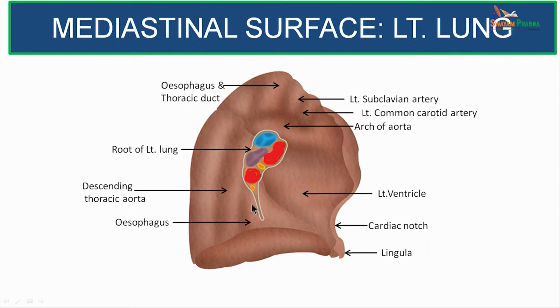The same esophagus also produces an impression behind the pulmonary ligament at the lower portion of the hilar root. Yet another conspicuous feature is the cardiac notch, the curved cardiac notch, and the projection that we see, that is the lingula of the lung.